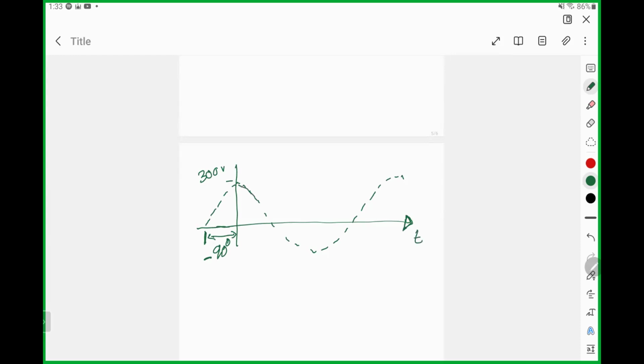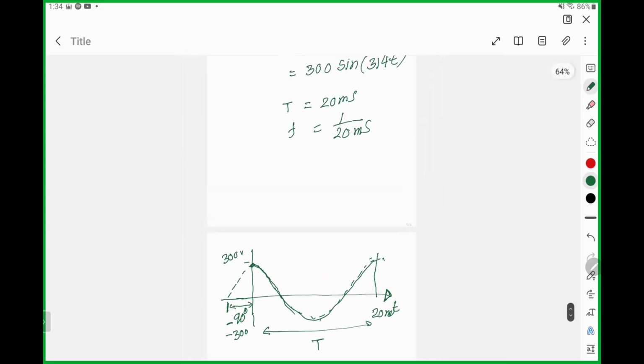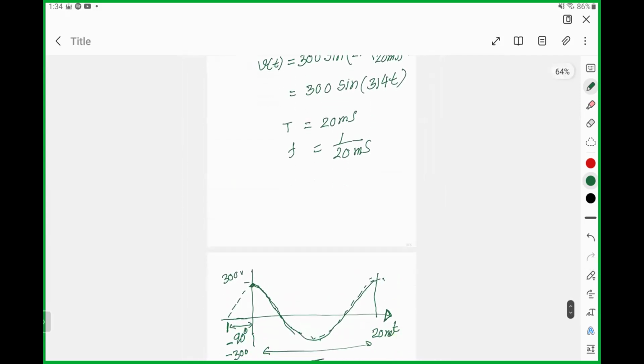So I have everything same, and now it has changed to this one as 20 millisecond. That means starting from this peak, it is going to this peak, and this is the period of this signal. I have the maximum value of 300 and minimum value of minus 300. Now, can you tell me what is the equation for this one? This and the previous one are similar, but shifted a bit.